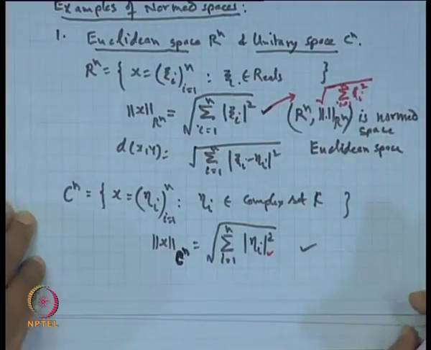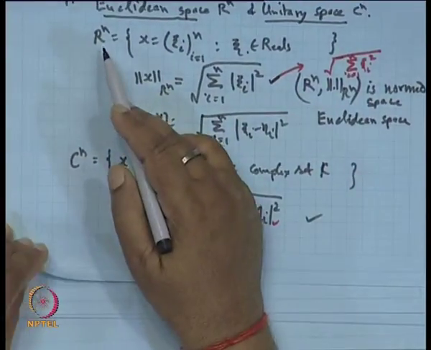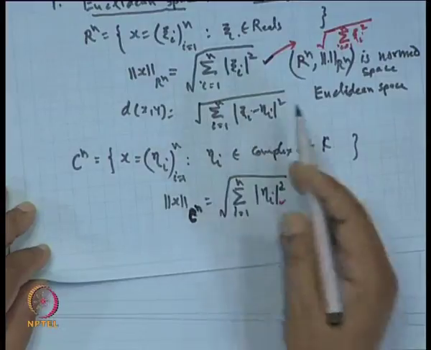Now, as a particular case, when you take R^n with n equal to 3, then it becomes the vector space.